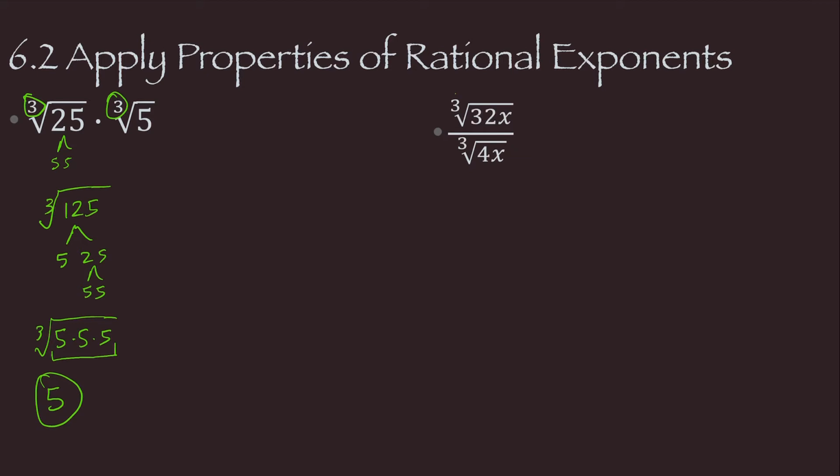How about this one? We're dividing. It's the same index. That means we could actually divide inside the radical. 32 divided by 4 is 8, and x divided by x is 1. They cancel out. And the cube root of 8 is 2.